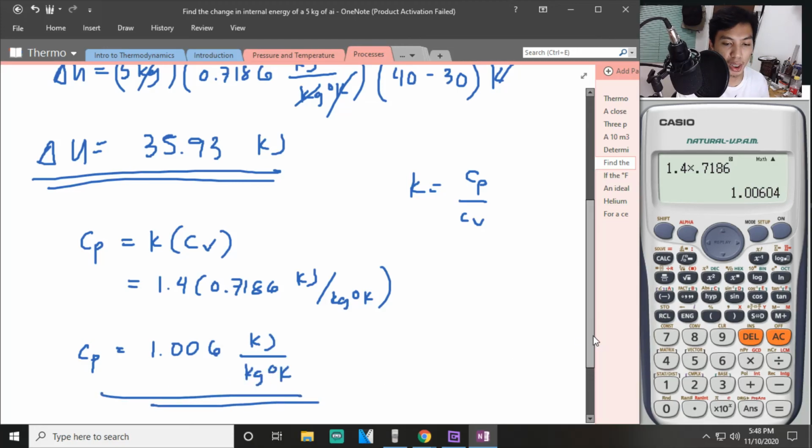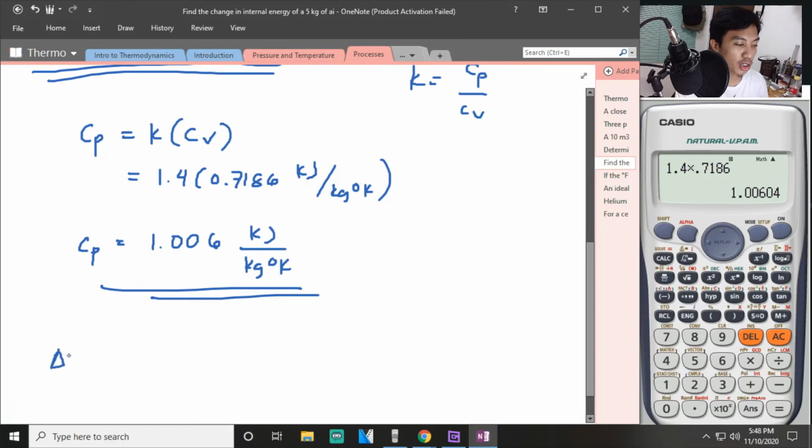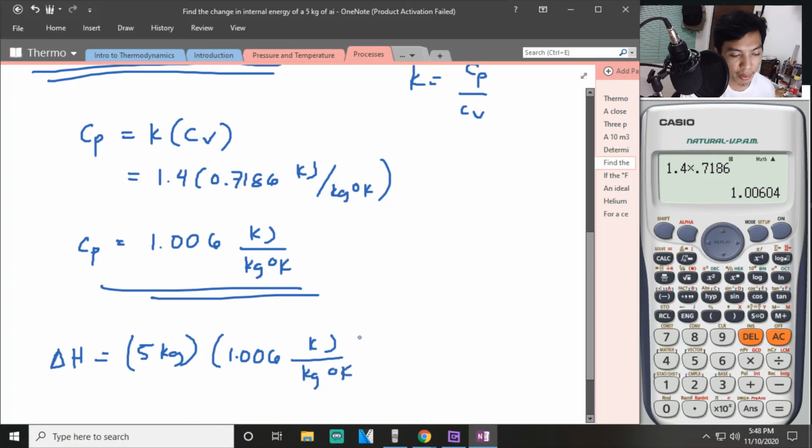That is CP. Ngayon, hanapin natin si delta H. Delta H is 5 kilograms times 1.006 kilojoule per kilogram degree Kelvin multiplied to 40 minus 30 degree Kelvin. Cancel the same units. Okay? You'll arrive with kilojoules.